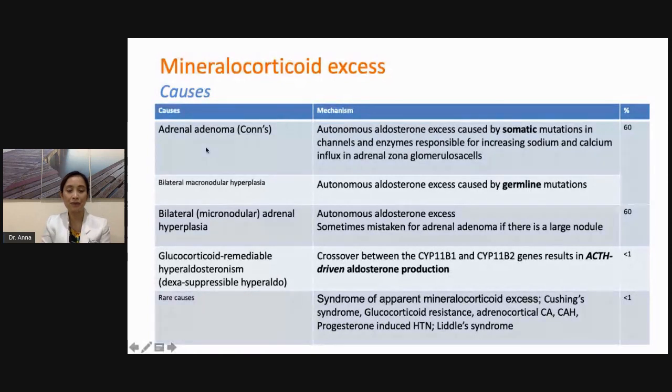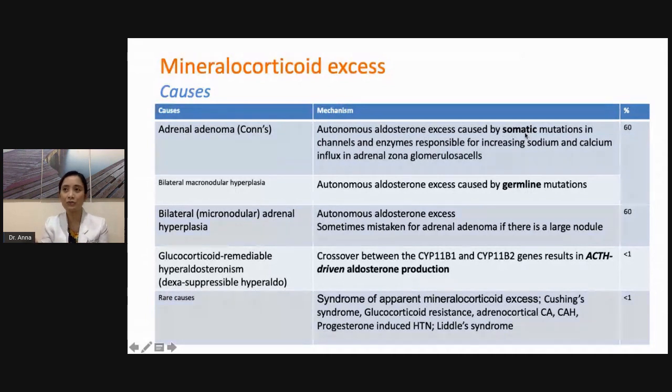So it could be primary aldosteronism secondary to an adrenal adenoma. So that's what we call Conn syndrome. And in this syndrome, you have autonomous aldosterone excess caused by somatic mutations, no?